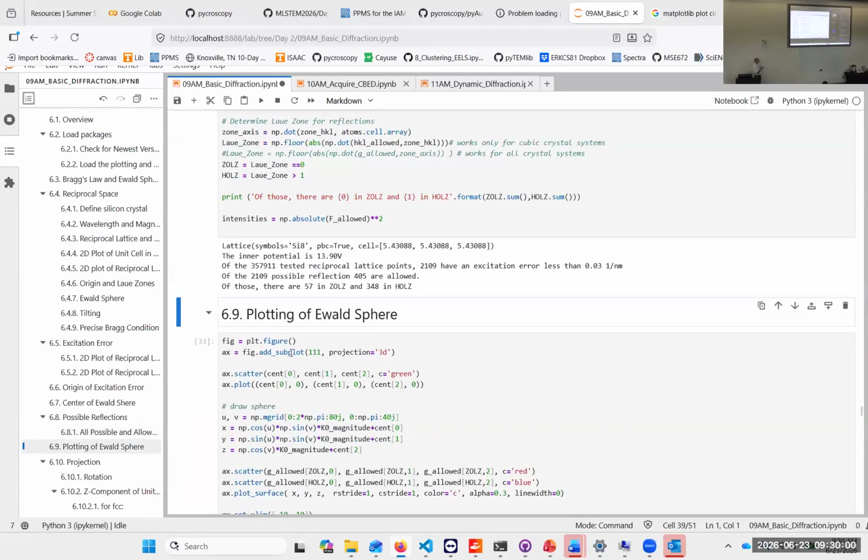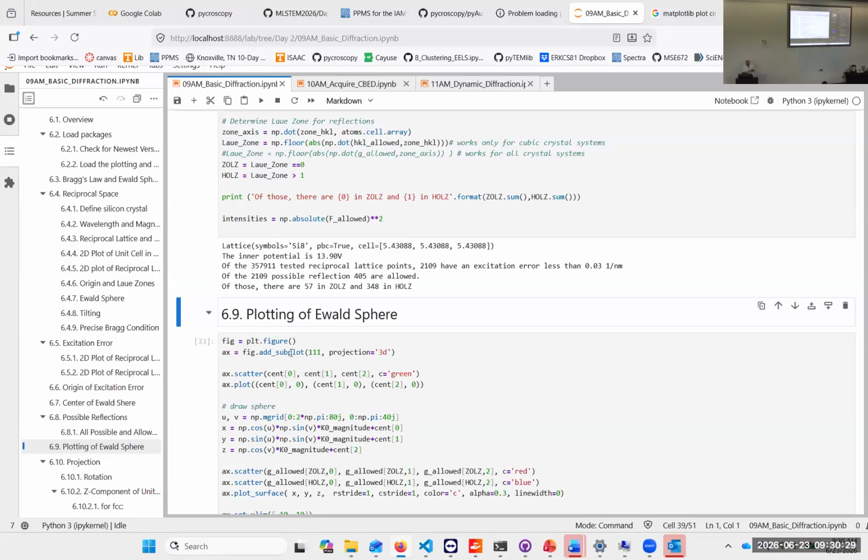And then we can just check all of these different reflections, see how close they are to the Ewald sphere. Then they have to have a certain distance, right? All we do is we determine where the center is of our Ewald sphere. We determine how close they are, whether they have the right distance. If there's a distance deviation smaller than the excitation error, we take it.